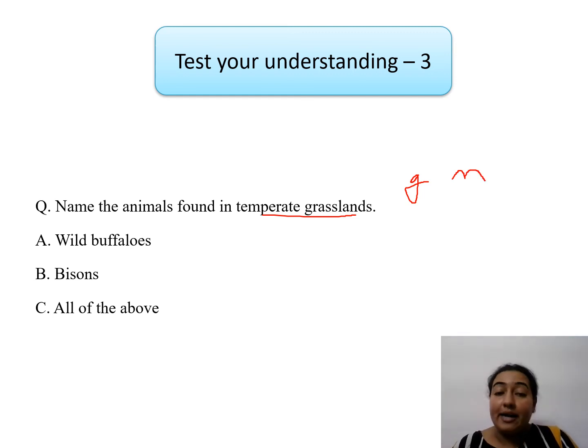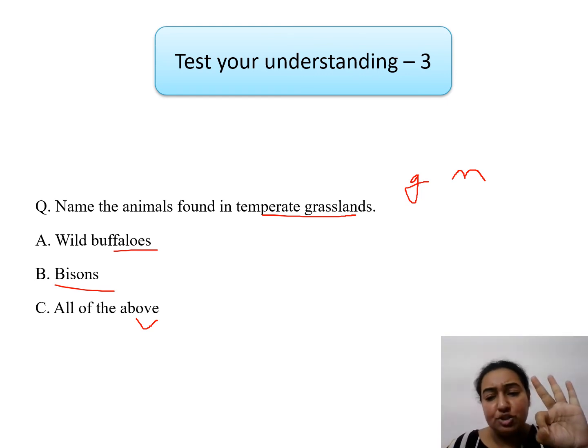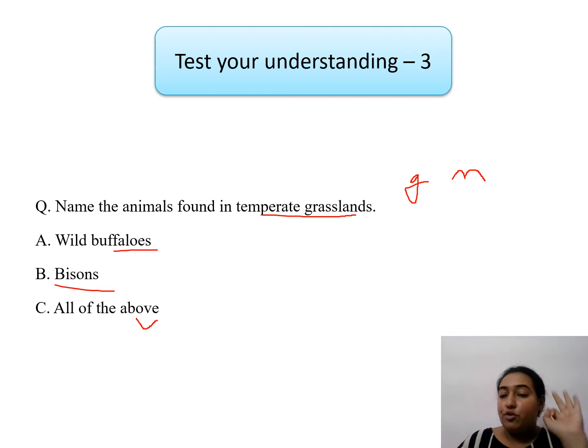So the correct answer is all of the above. We can see wild buffaloes, we can see wild bison, and they have those small nutritious grasses as their diet. So this brings us to the end of this topic: three different types of natural vegetation along with the different types of wildlife which are specific to that area.